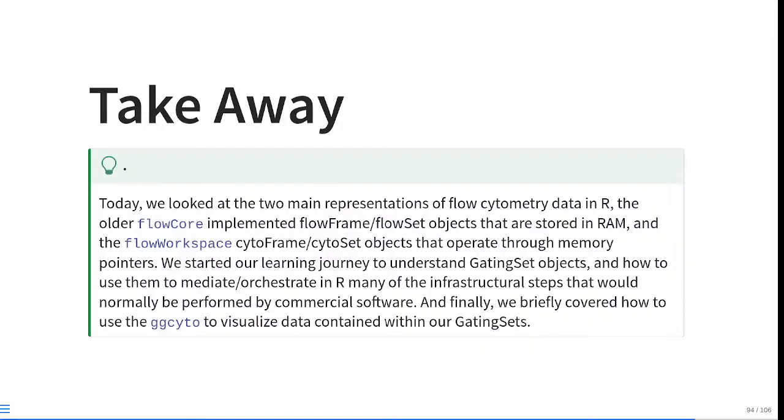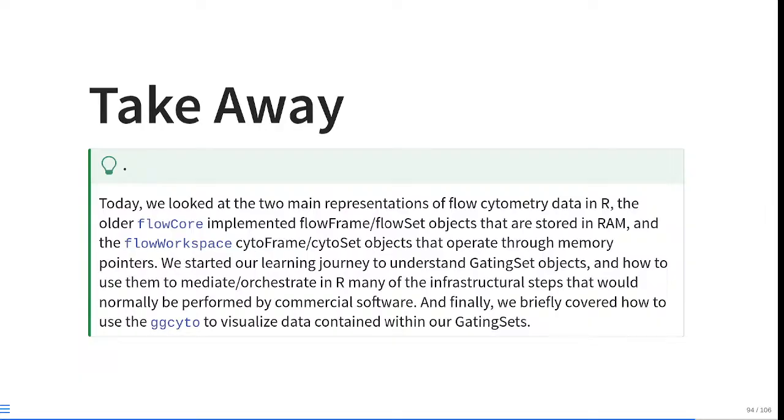All right, so our takeaways for today. We've looked at the two main representations of flow cytometry data within R: both the older flowCore implementation of flowFrames and flowSets that stores things in active RAM, as well as the flowWorkspace implementation of cytoframe and cytoset objects, which use memory pointers and only load things into RAM as they're actively needed.